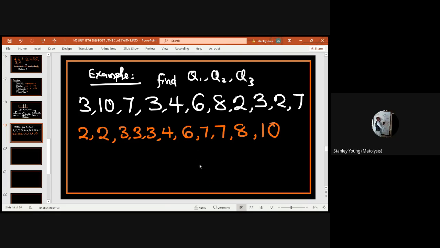Are you sure? Look at it carefully. Ezekiel, which number is at the center? Sorry, the middle number is 4. Okay, that's correct. The middle number is 4.